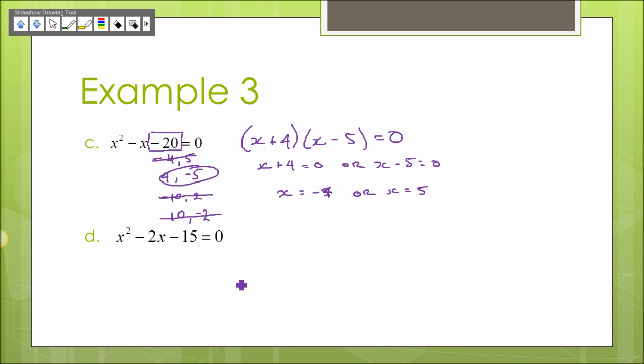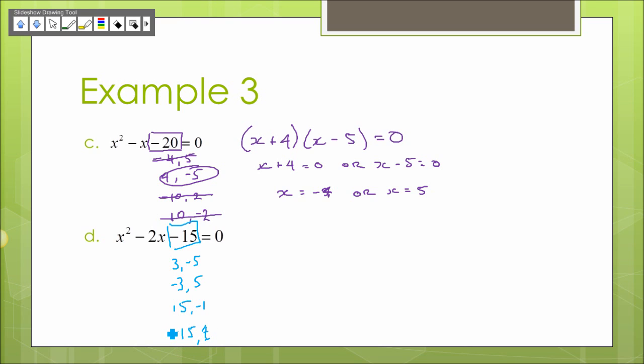Okay, D. Starting again at our last term. So we're looking for factors of minus 15, and they are 3 and minus 5, minus 3 and 5, 15 and minus 1, and minus 15 and 1.